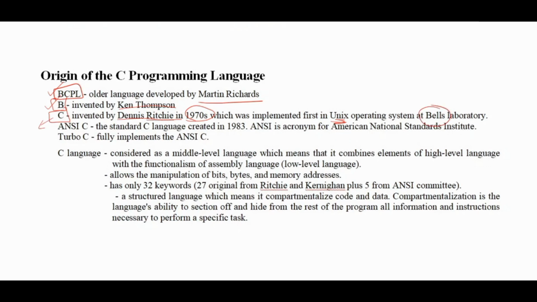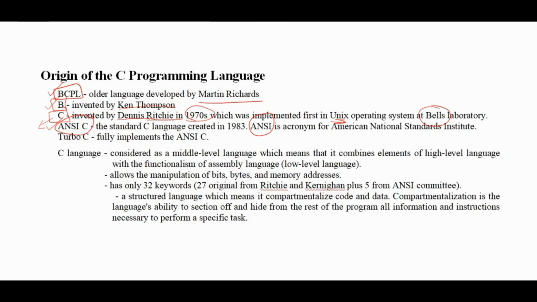There were some varieties of the C programming language, and since there were several varieties, they decided to come up with a standard. That standard C programming language is called ANSI, because ANSI is the committee of people that formalized the standard C programming language.